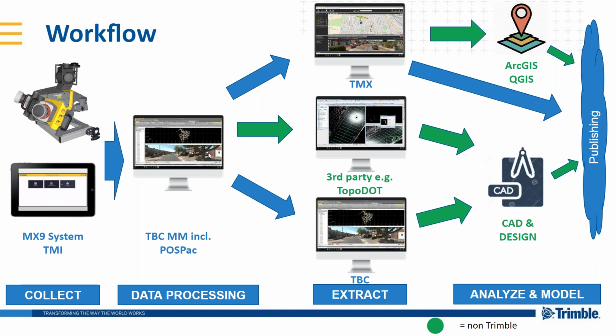You can see various tracks, whether it's the TBC track or the TMX track that I've mentioned, which typically deals with an ArcGIS or QGIS kind of system of reference, so the data goes into these environments, or a typical CAD design, BIM, Revit or some other software typically used by our customers. That's where the data ends up.